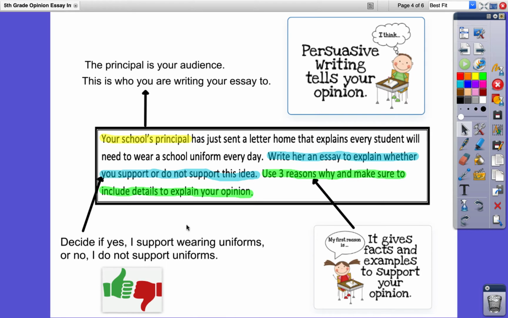If you do not support this idea, that means you're going to be writing that you are against school uniforms and you want to continue wearing your regular school clothes. So after that, for each of your 3 reasons, you're going to have to include 3 details to explain your opinion. An important part of persuasive writing is it gives facts and examples to support your opinion.